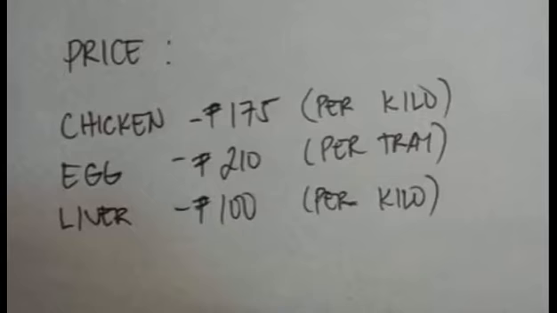As you can see here, the price of the chicken is 175 per kilo. So 175 pesos times 40 kilos of chicken is equal to 7,000. Here, the 7,000 is Bon's monthly expenses, and the 175 is the price of the chicken.